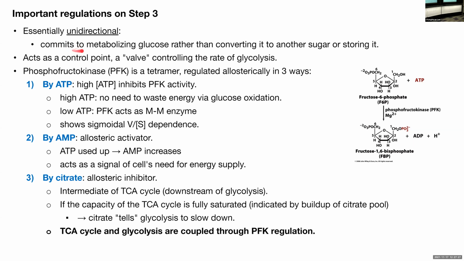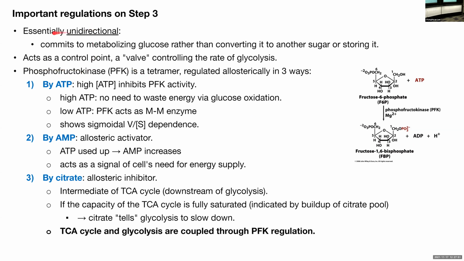That means it commits to metabolizing glucose from here. It'll only go on to glycolysis to generate energy, or it can choose to go back to glucose and take another route for storing the sugars in different forms, like glycogen.